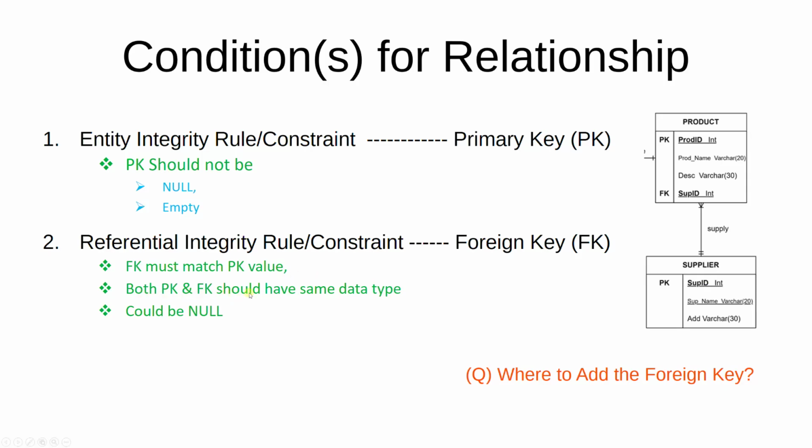And both primary key and foreign key should have the same data type. Integer is here and integer is here. If you put different data types, then the connection will not be established and there will be an error. It may also be that the foreign key value is empty. We will see that in our next video.